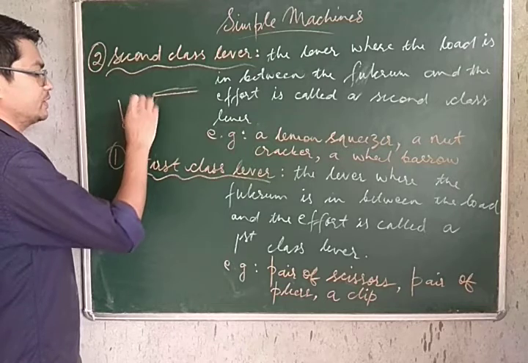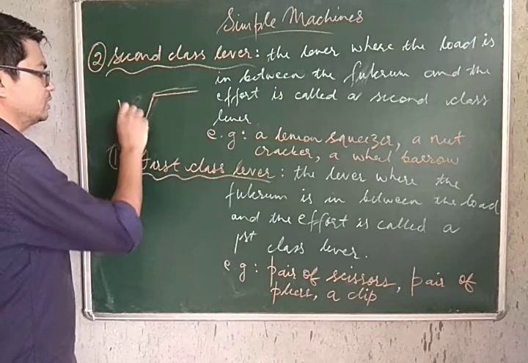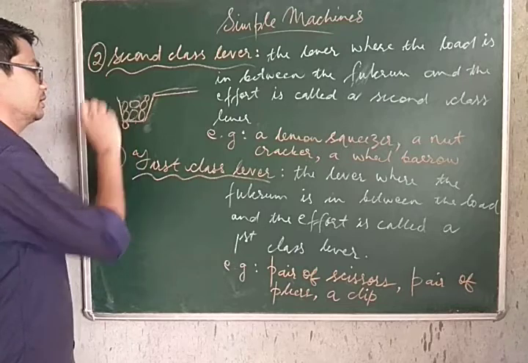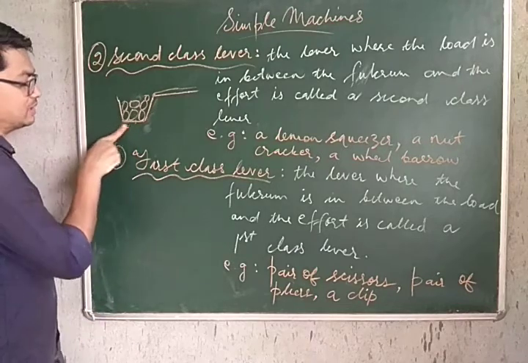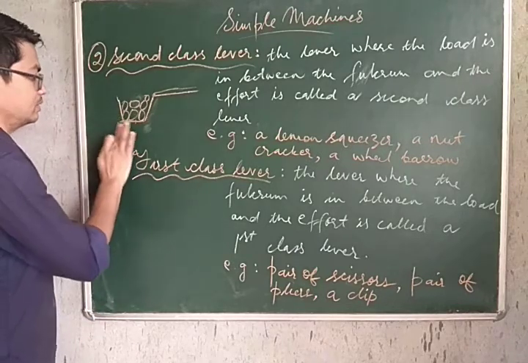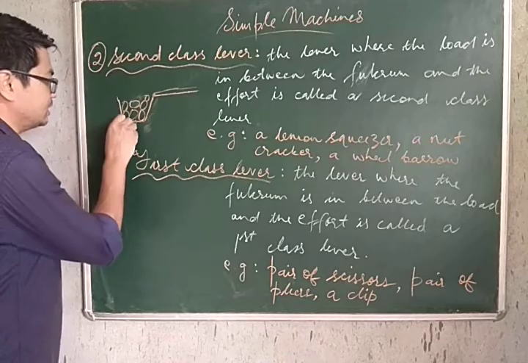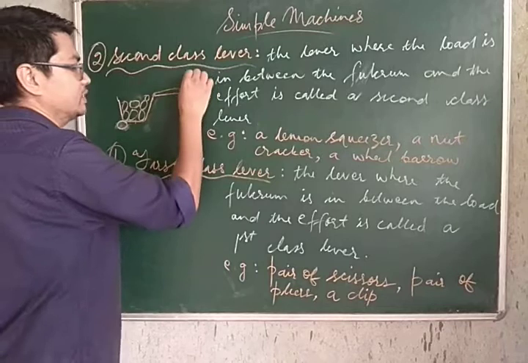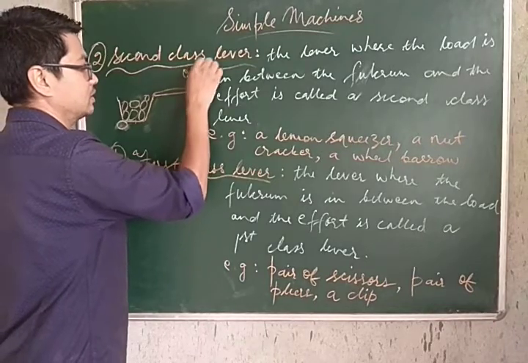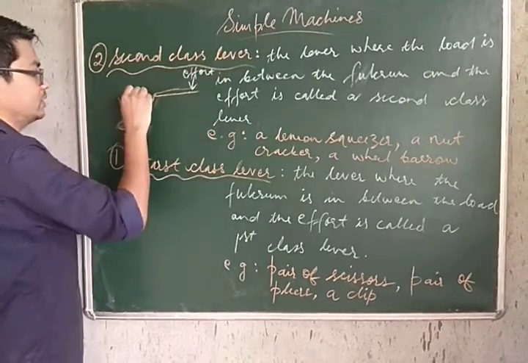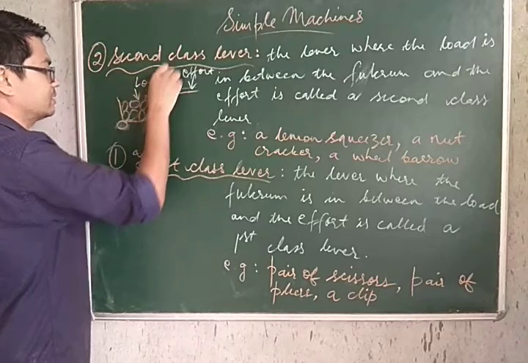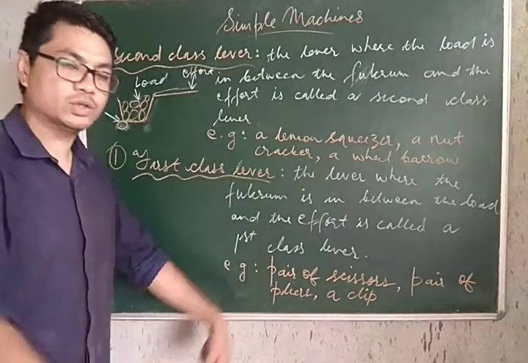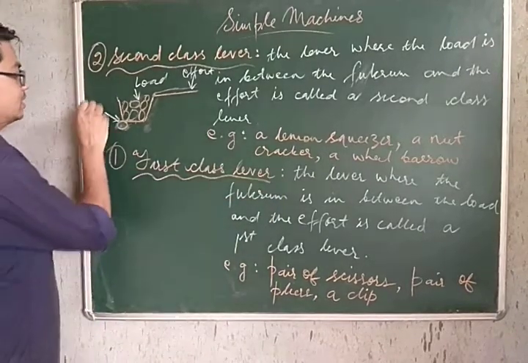You put the load over here, whatever load you want, and this is a wheel. You apply the effort over here, of course. This is the load, and where is the fulcrum? The fulcrum is this wheel itself. About this wheel, the wheelbarrow moves. So this is the fulcrum.